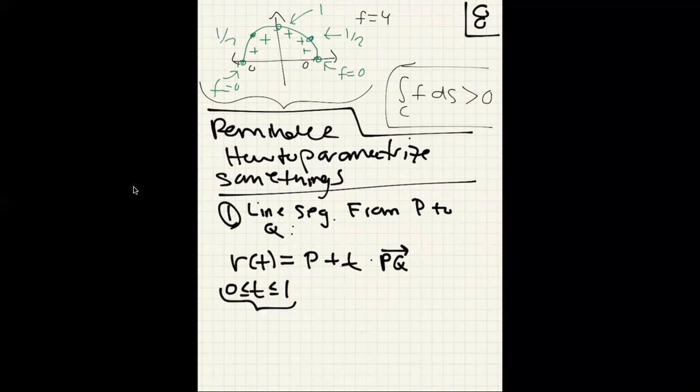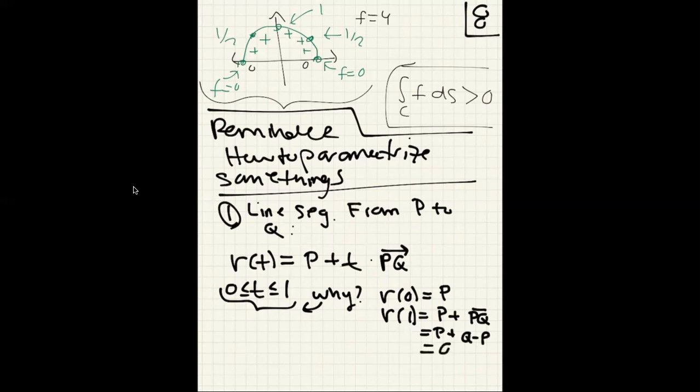The reason why is because, why 0 to 1? Let's check: if you do R of 0, I plug in 0 for wherever I see T, and that gives me P. And then R of 1 is P plus the displacement vector that takes me from P to Q. This is P plus Q minus P, and that's just Q. And then all points in between 0 and 1 are going to correspond to points between P and Q, and nothing outside.